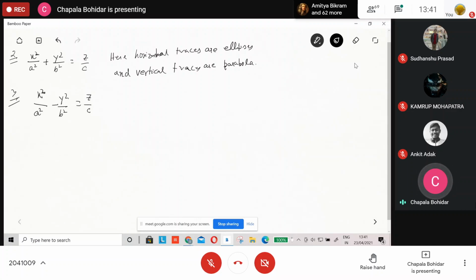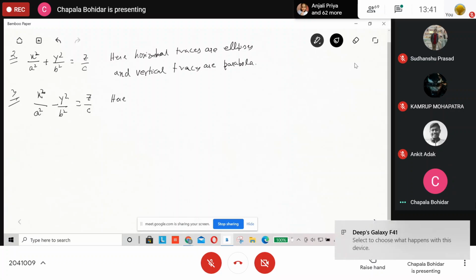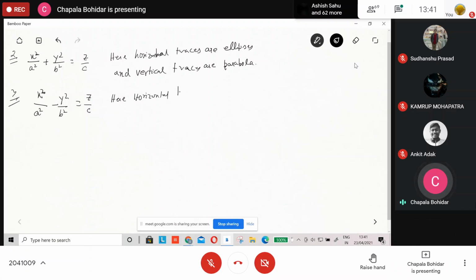Horizontal traces here are hyperbolas. If you have the previous equation, then you say it is an elliptic paraboloid.